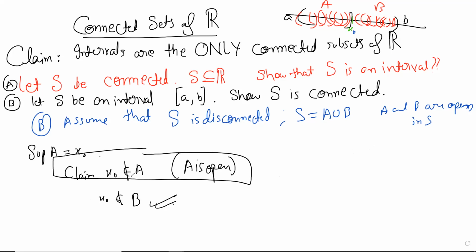Yeah, let us see where it could be a problem. Because A is open, if the supremum, yeah, but that doesn't contradict the fact that A is open.